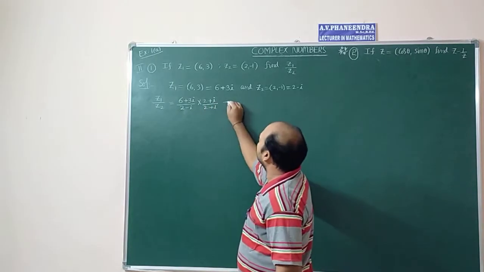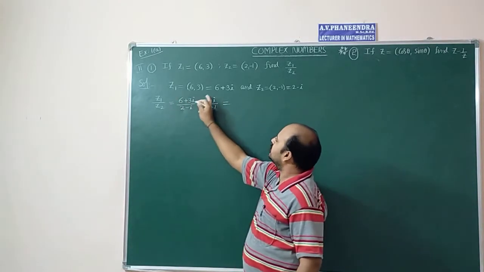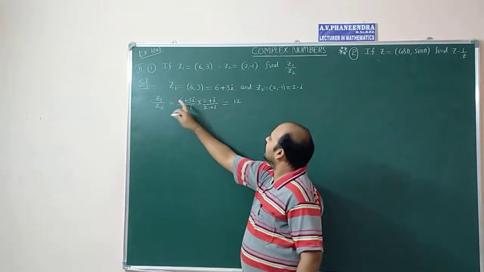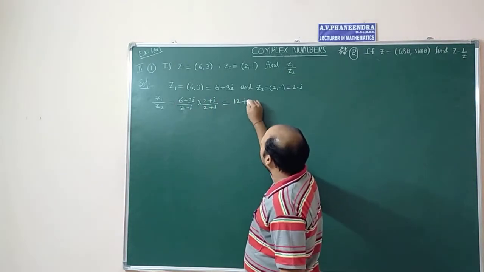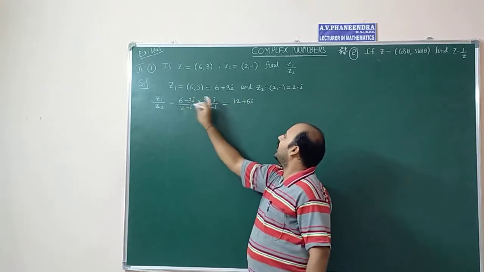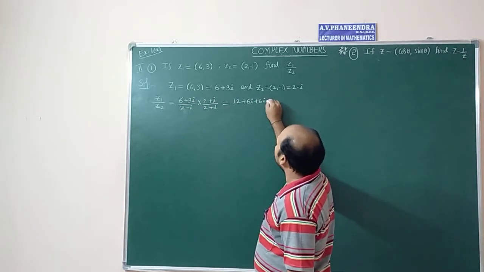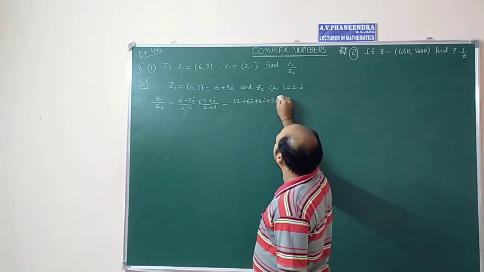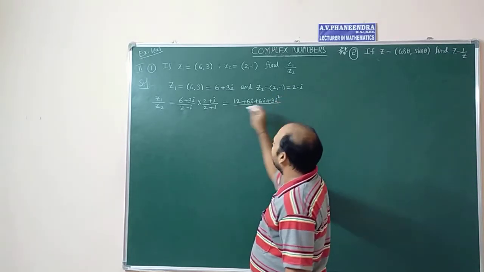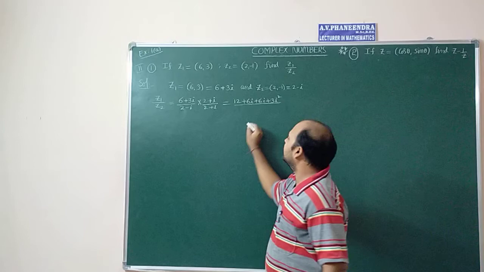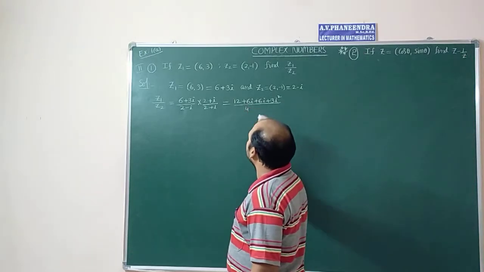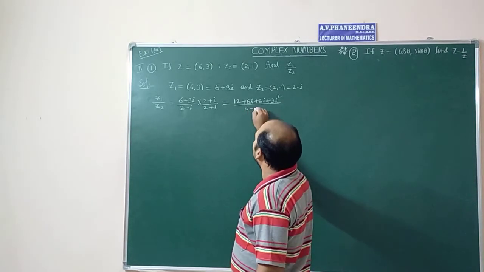Which is equal to actual multiplication: 6 2s are 12, 6 into I, 6I, 3I into 2, 6I, 3I into I, 3I square, divided by A plus B into A minus B, A square minus B square, 2 square minus I square.